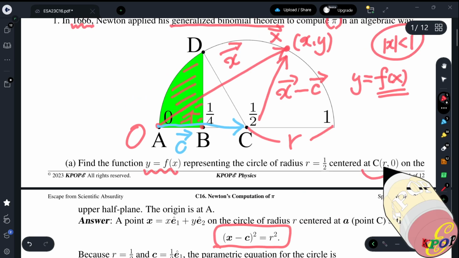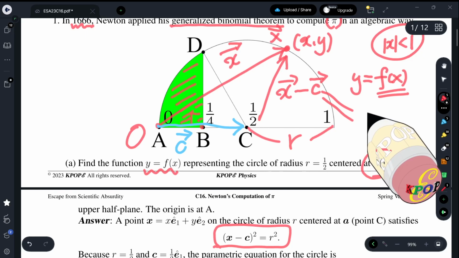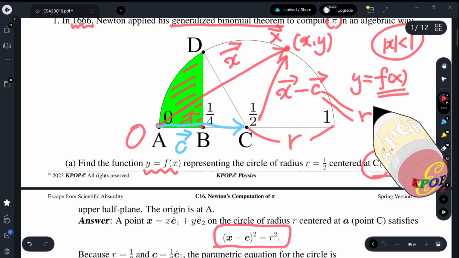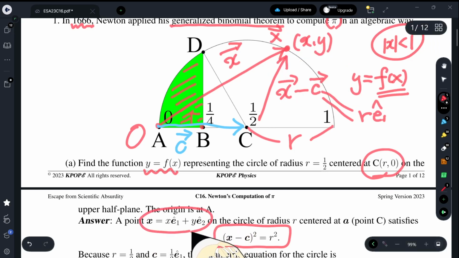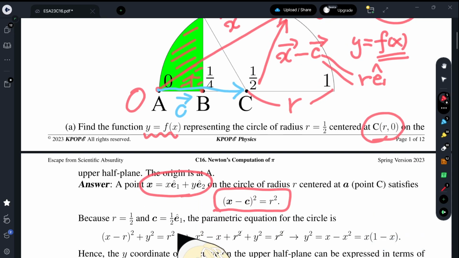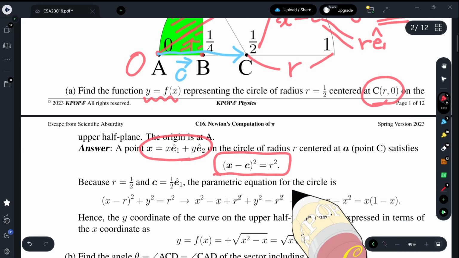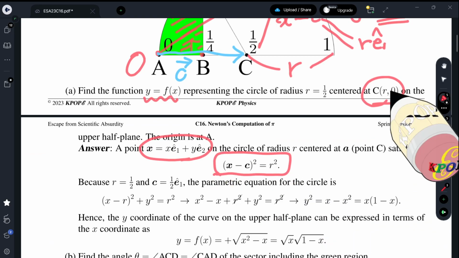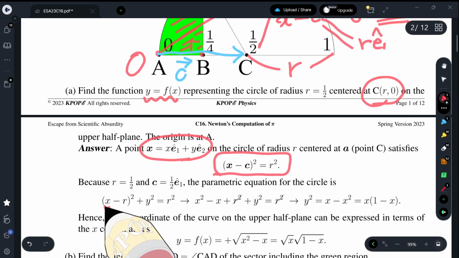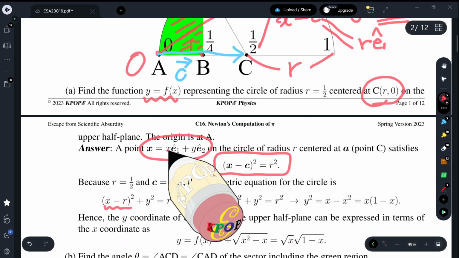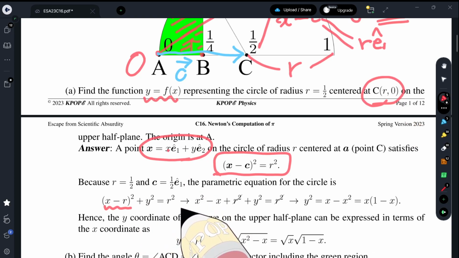The coordinate of c is r e1/2, and this x vector is represented by x e1/2 plus y e2/2. By making use of these two relations, we find (x minus r) squared plus y squared equals the radius squared.